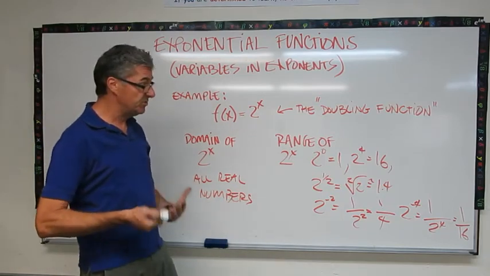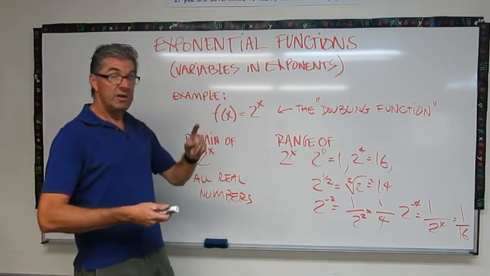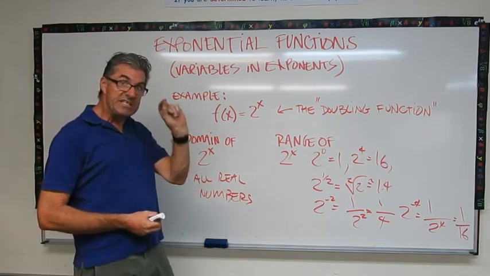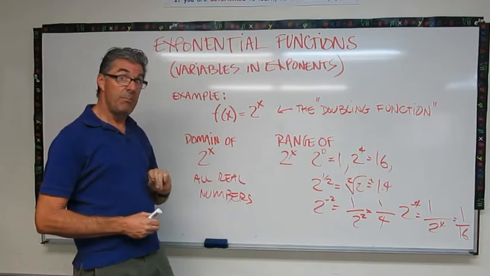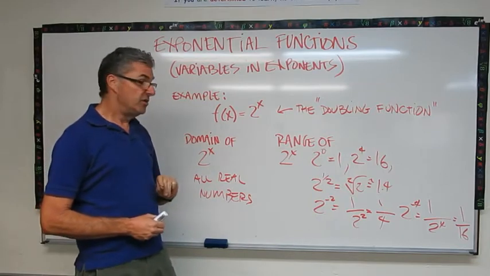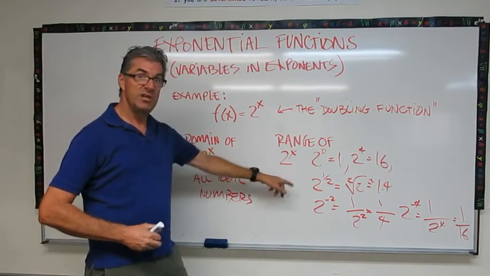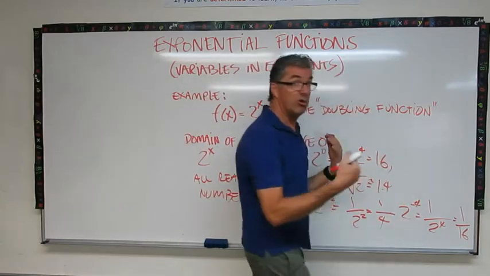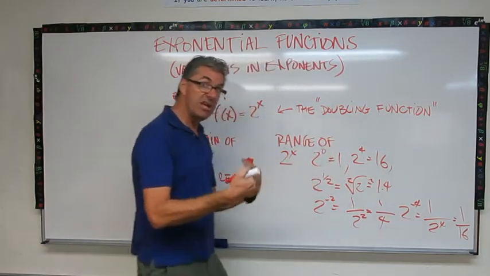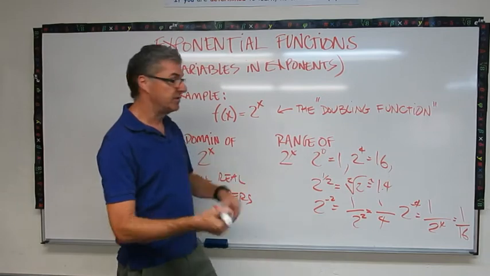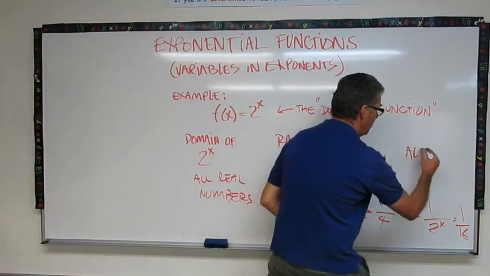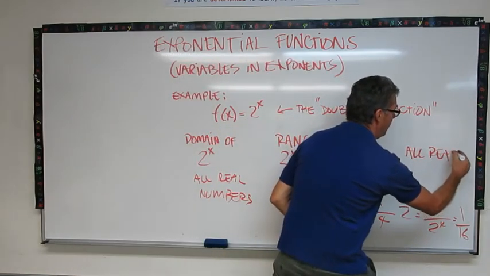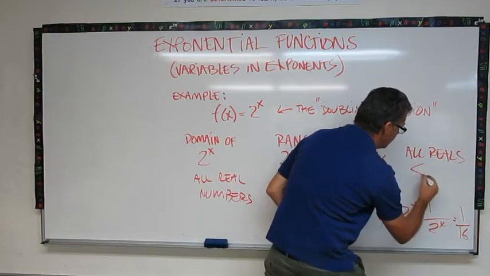That's a super, super big number. But 1 over a super big number is actually really small, but it's still positive. Okay? So the range for this function is all real numbers greater than 0. You'll never get 0 out of this function. So it's all reals greater than 0.